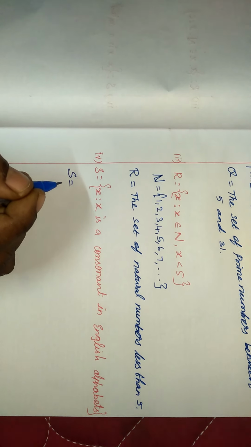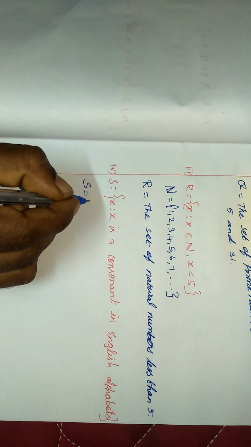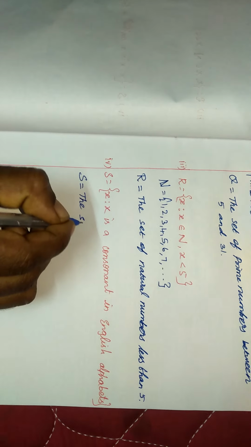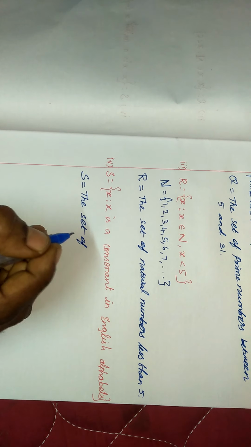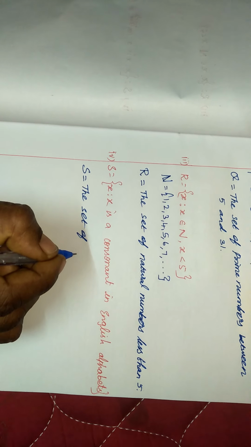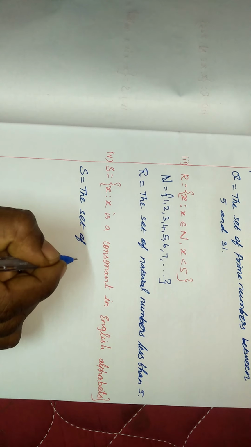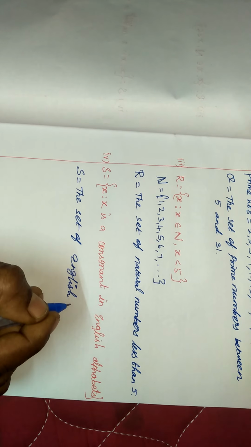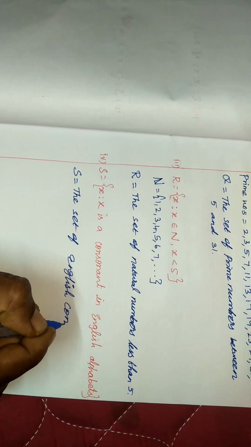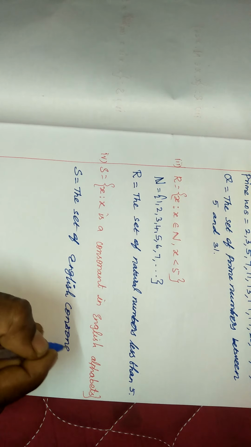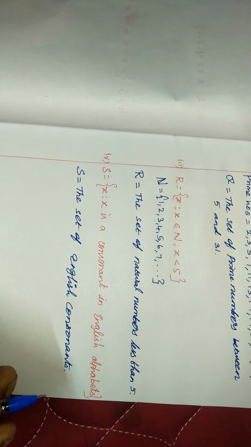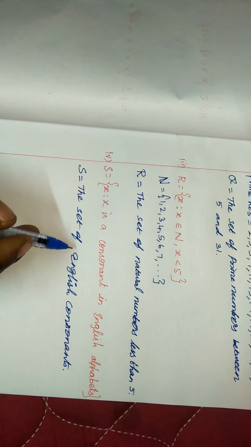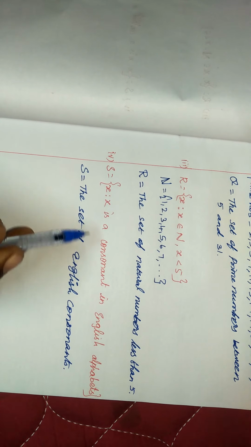S is equal to the set of English consonants. This is the descriptive form of the given set.